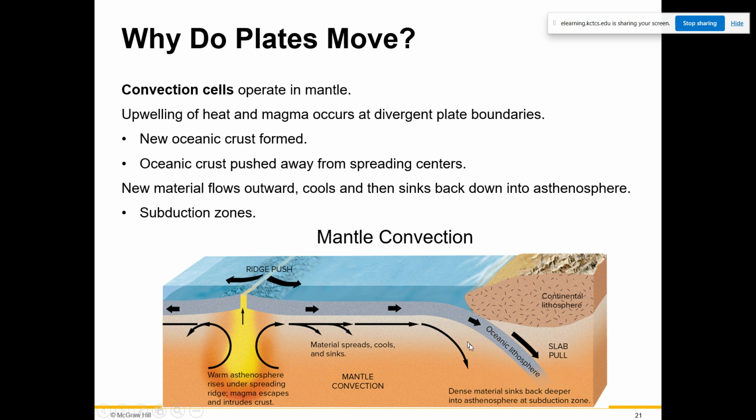And so we have this going on within the mantle, and everything on the crust is just kind of going for the ride. So where it's coming up, new oceanic crust is created. And where it's coming down, it's kind of remelting. Yeah, it's cool. Subduction zones.